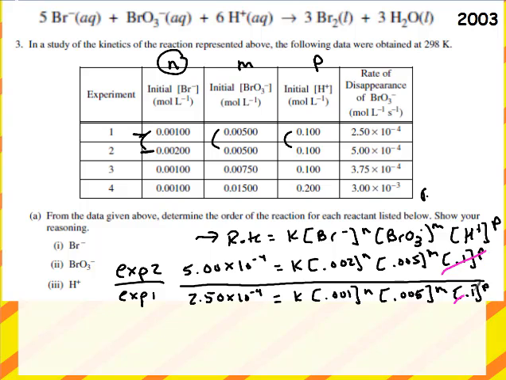Now I'm going to cancel the things that were the same. And so I get 2 is equal to 2 to the n. So n is equal to 1.